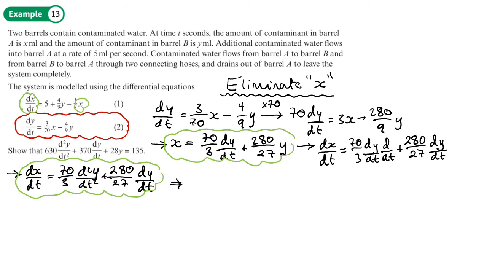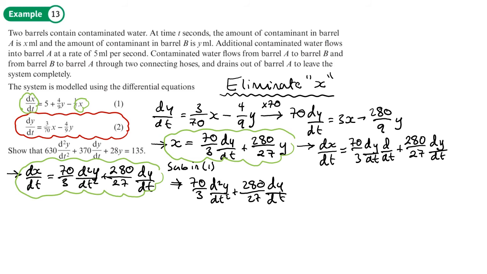So if I'm subbing that into equation 1, I will get dx/dt, which is this, 70/3 d²y/dt² plus 280/27 dy/dt.